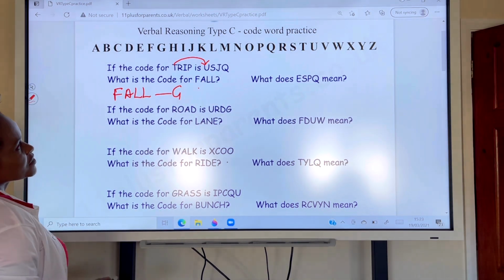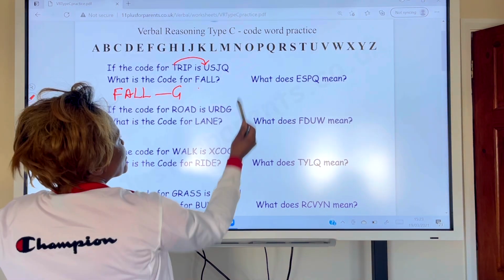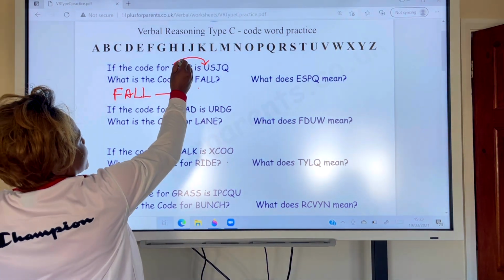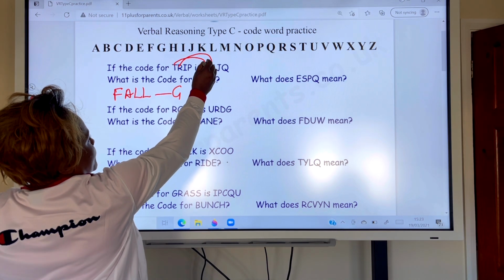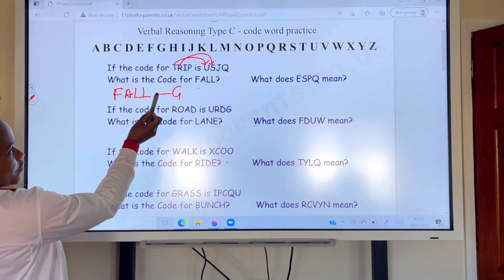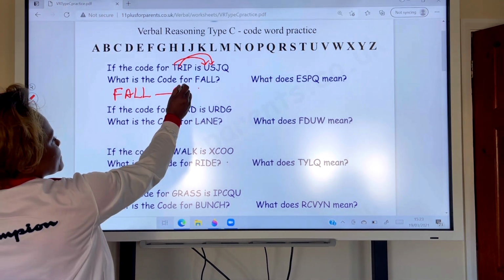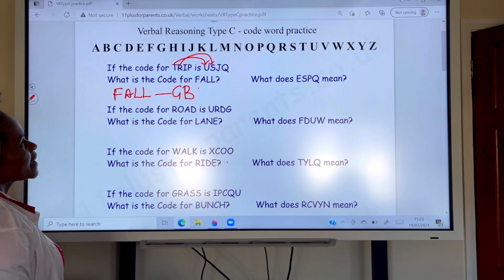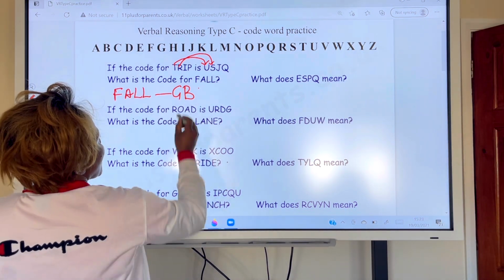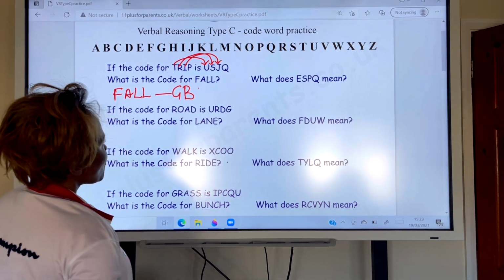Then we go to the next one, R to S. It's +1 again, so I would use the same pattern, adding 1. So A, if we go forward 1, that will be B. The next pattern is I to J, forward 1 again.